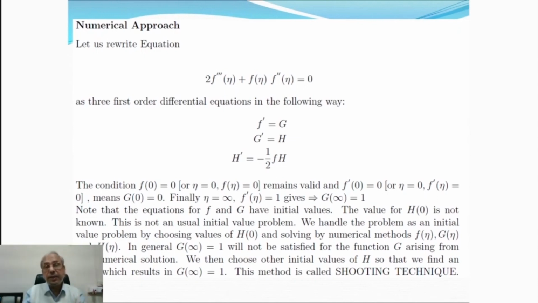And in the eta direction, we go step by step. For small increments of eta, we use the Runge-Kutta method, and this Runge-Kutta method is interrelated because we calculate f, we calculate g, we calculate h, and f and g are linked to the h calculation, f is linked to the g calculation, and so on.